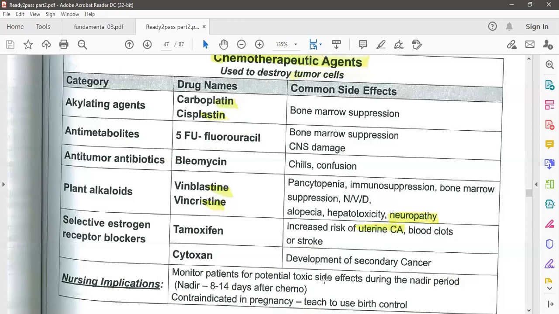Some clients will be given a blood thinner with cancer medication, right? Why do you give a blood thinner with cancer medication? To increase the effectiveness of chemotherapy.